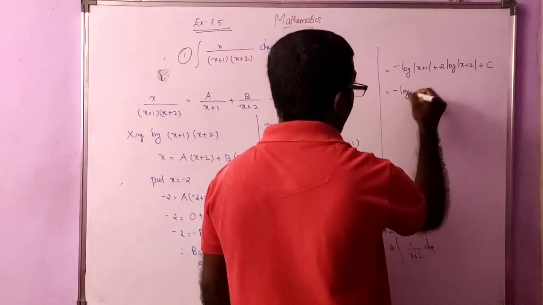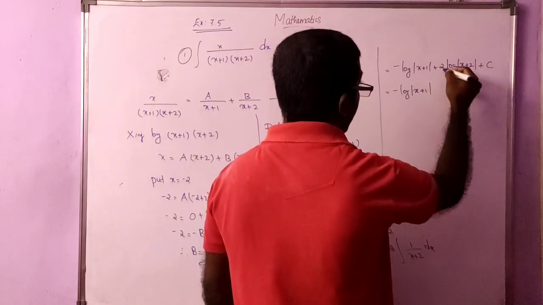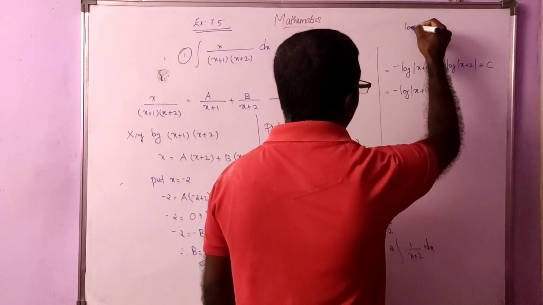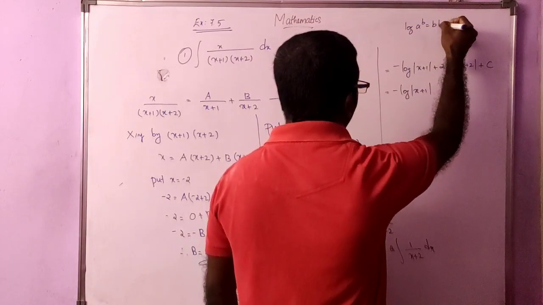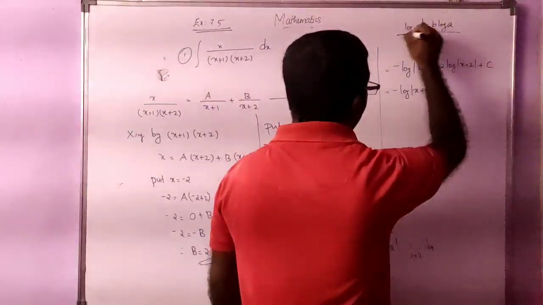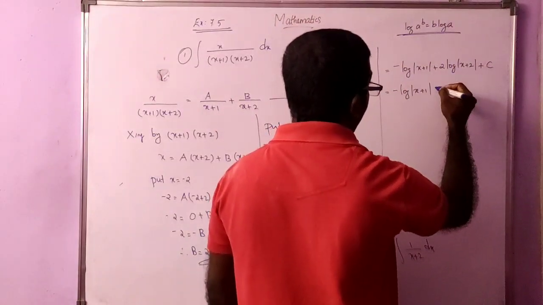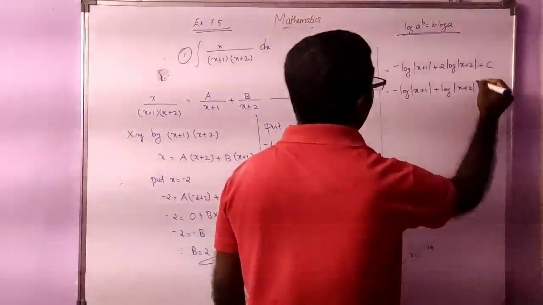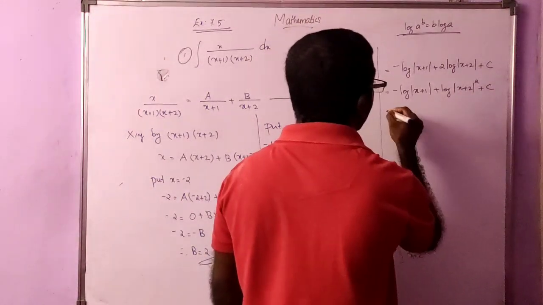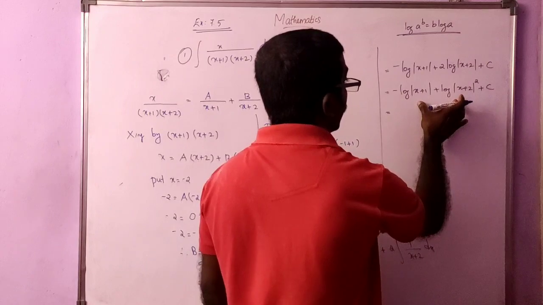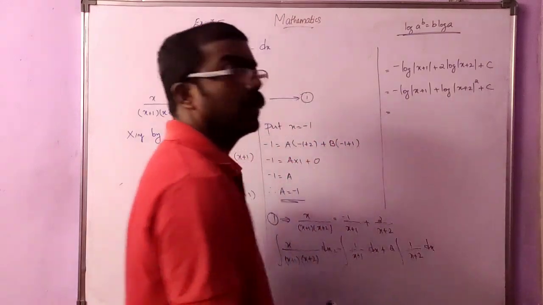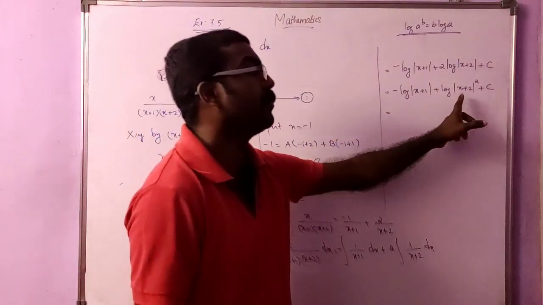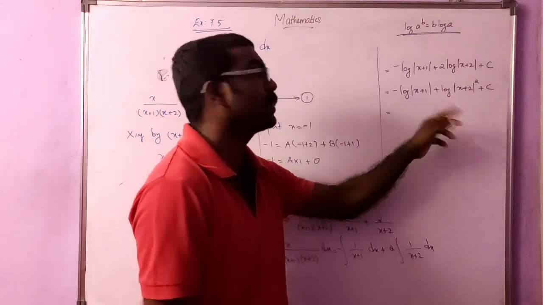That is minus log mod x plus 1. This 2 we can write on the top. Log a raised to b is equal to b log a. So using this result we can write plus log mod x plus 2 the whole square plus c. Now we can change it into log a by b. Consider the second term, log x plus 2 the whole square, then minus log x plus 1.